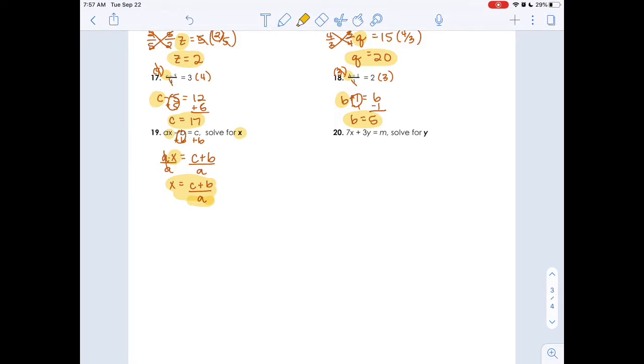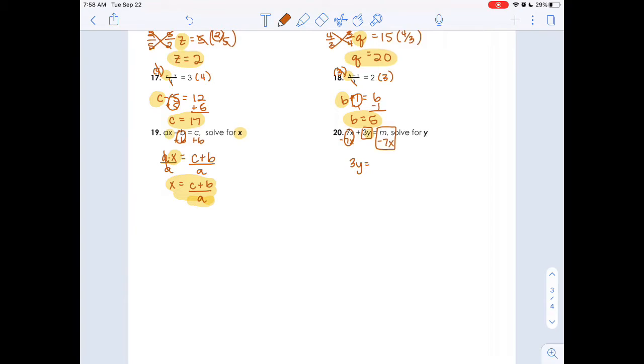You're going to try 20. You have 7x plus 3y equals m, and you're solving for y. The first thing we need to do is get rid of this 7x. To get rid of it, I'm going to subtract it. 7x minus 7x will give me a 0. But if I do it there, I have to also do it here, leaving me with 3y equals, now I don't know what these are, so I'm just going to copy it down.